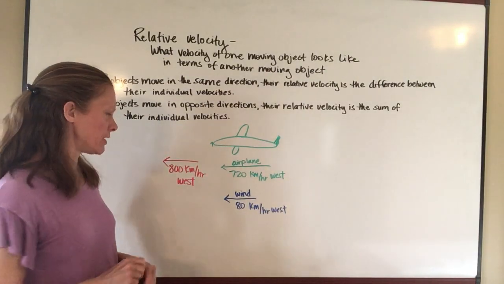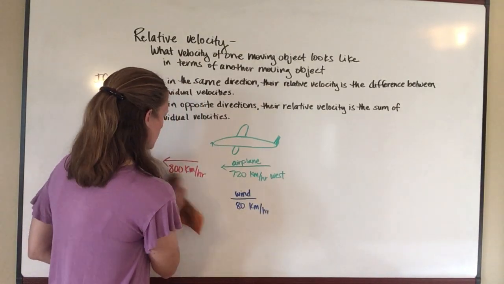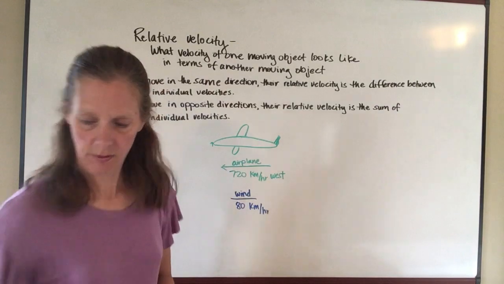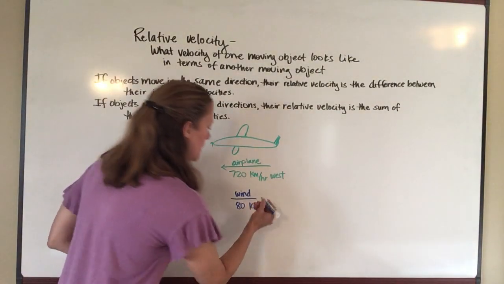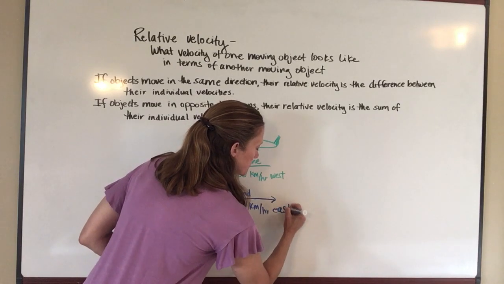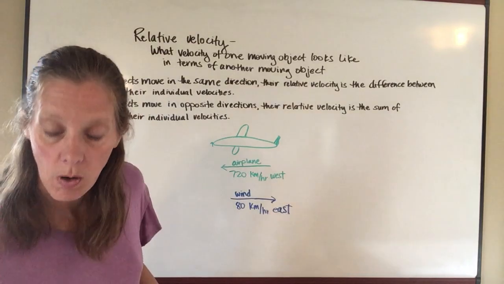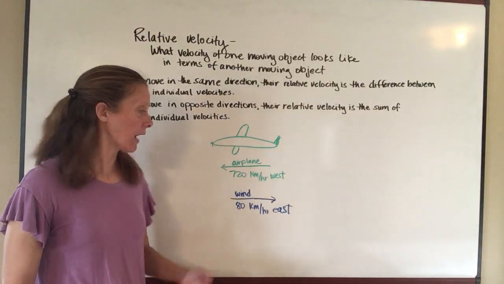Now, what happens if the wind is going the other direction? Let's say that the wind is going 80 kilometers per hour, but let's say that it's blowing straight to the east this time. What does that do? Well, it's going to slow you down, obviously.